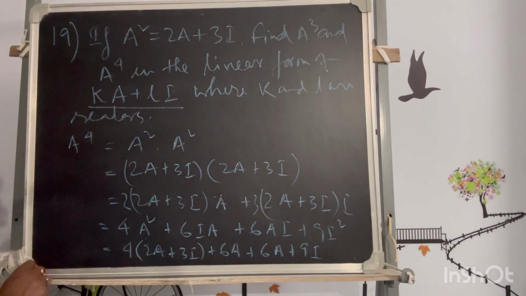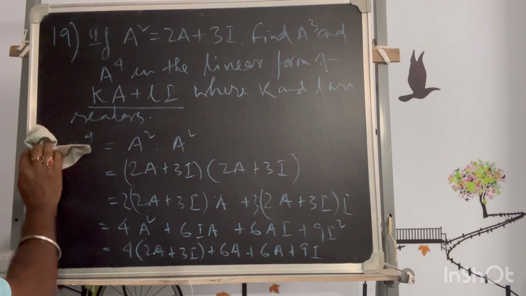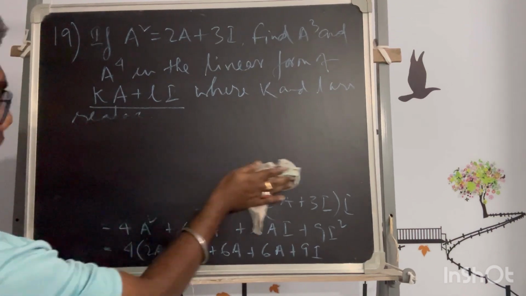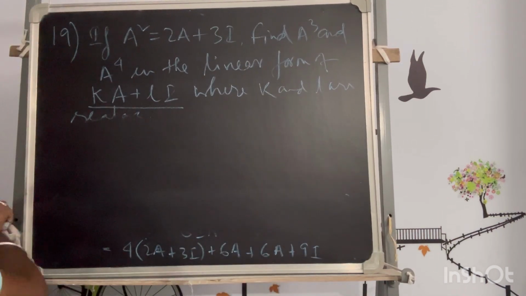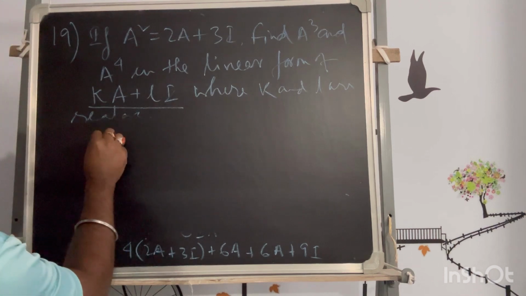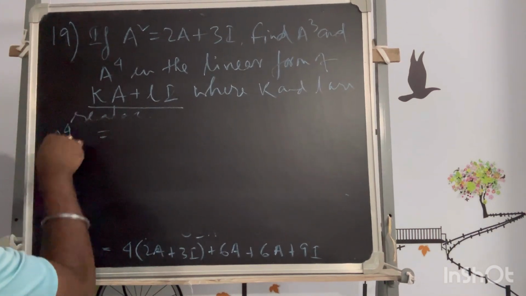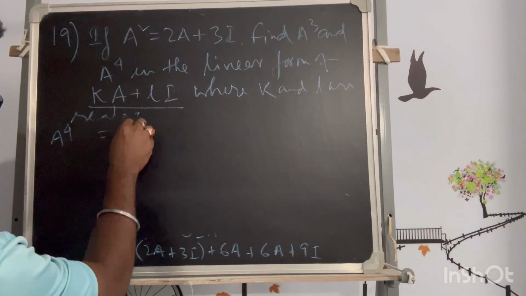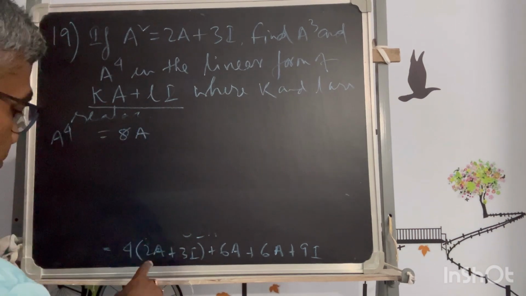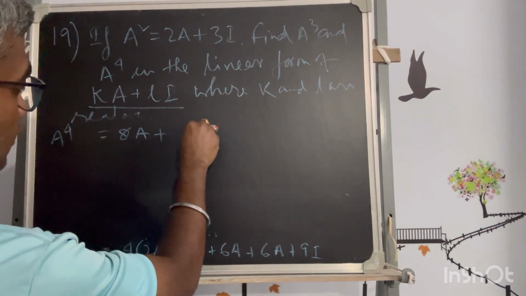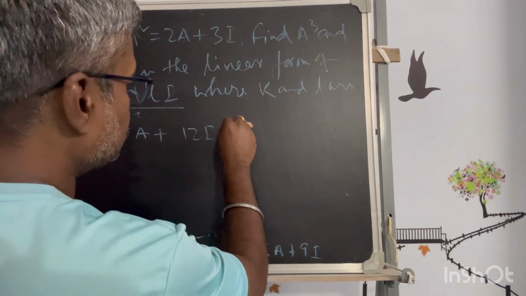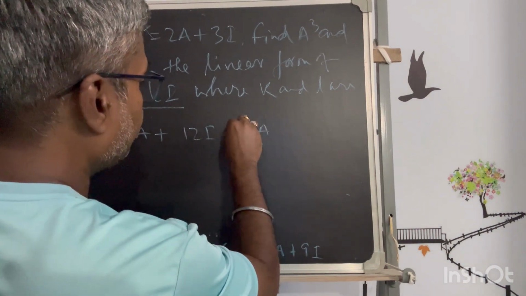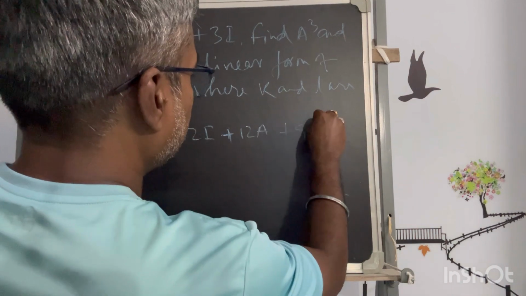Now further we will bring it here, because we need it in the form asked. We are finding a to the power 4, so 8a plus 12I, this 6 plus 6 is 12, a again, and 9I.